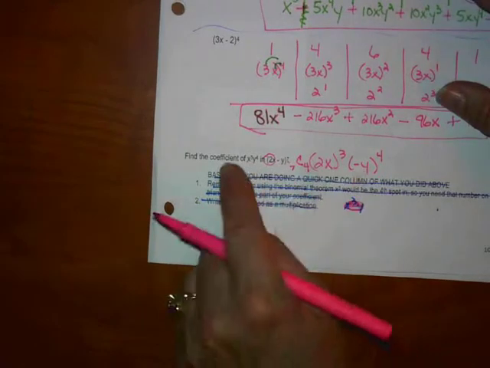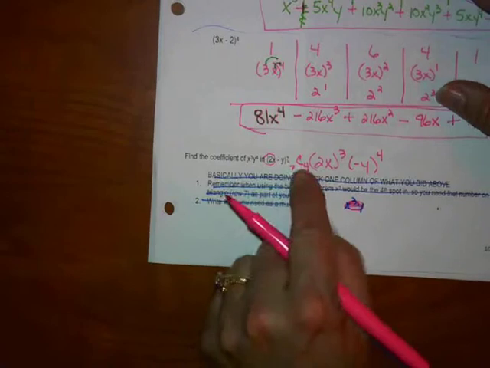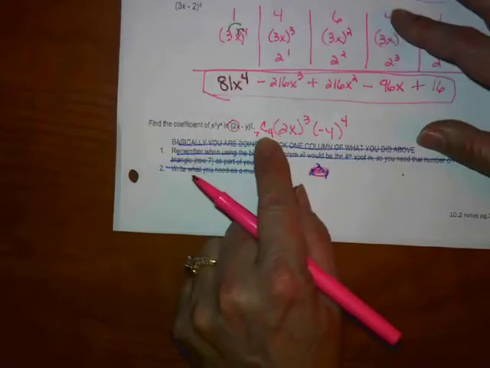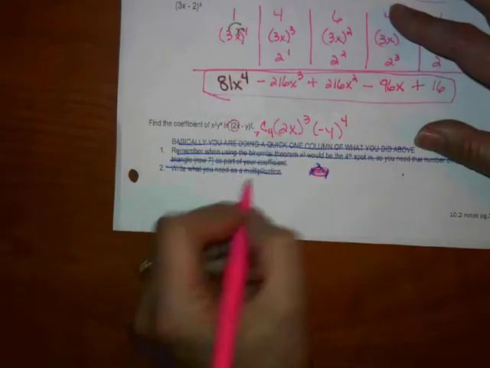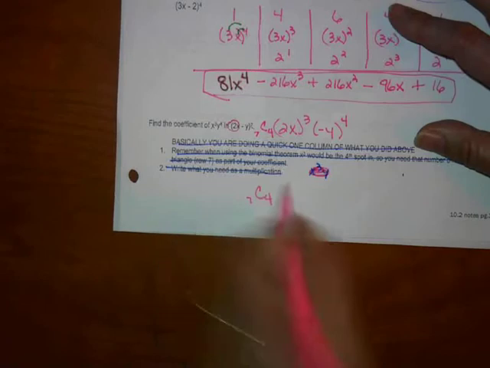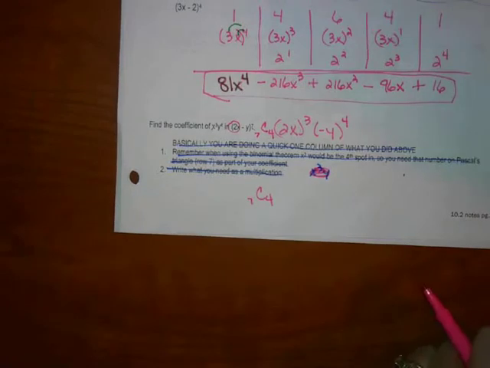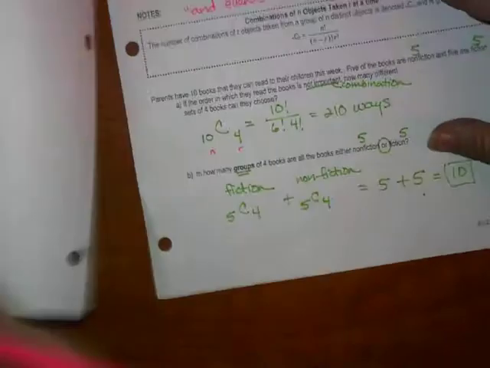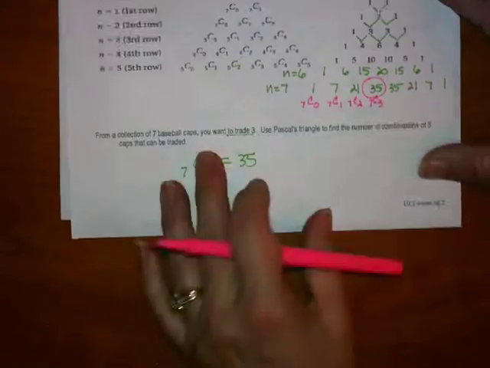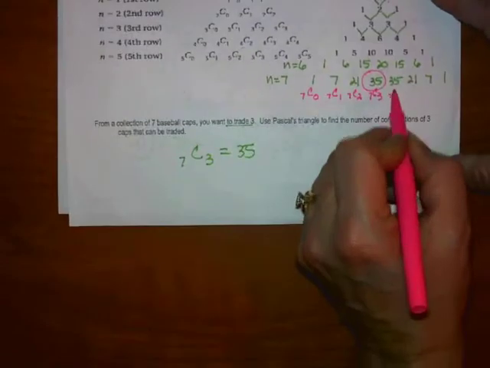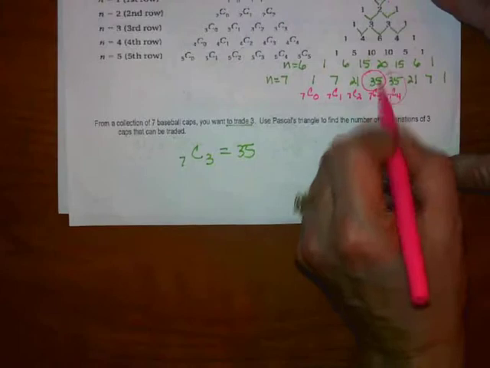If I simplify this, I'm going to find out the coefficient here. So let's simplify this. So what's 7 choose 4? I don't know. You can go to your calculator, or you could go to Pascal's triangle, which we wrote right here. If I go one more, 7 choose 4 is 35.